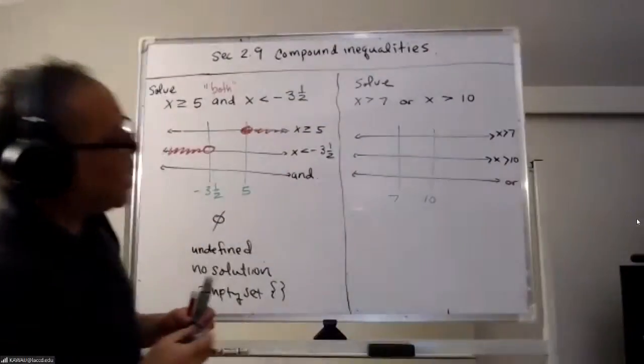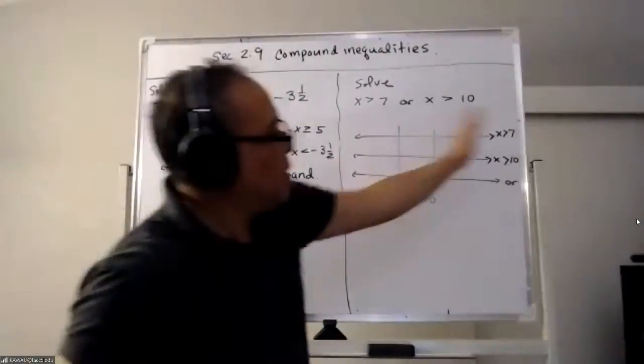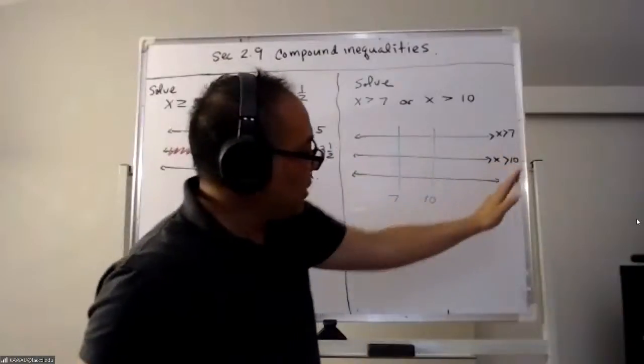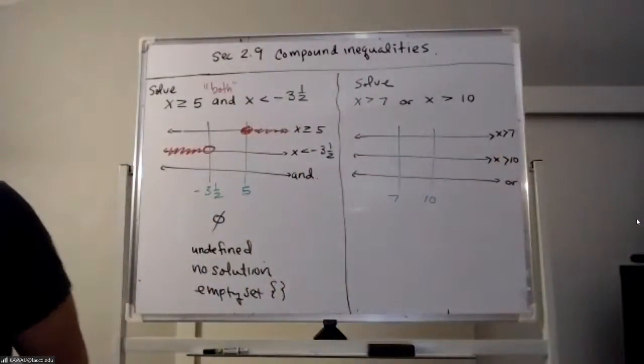Okay, so go ahead, copy that, and go ahead, shade this in. Shade in the greater than 7, shade in the greater than 10, and then we'll do the or together.